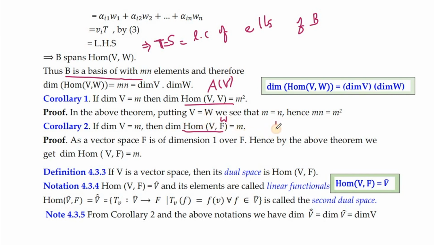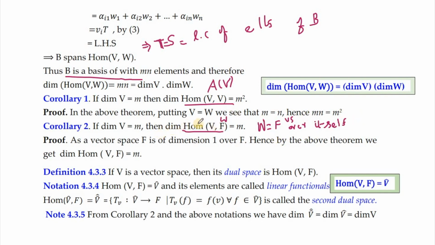But we know very well that every field is a vector space over itself and over its subfield also. So here we consider our F to be a vector space over itself. In the place of W, if I take F, then we will have Hom(V,F).